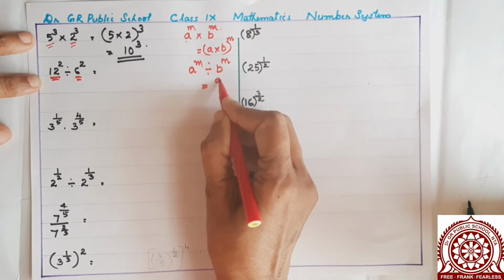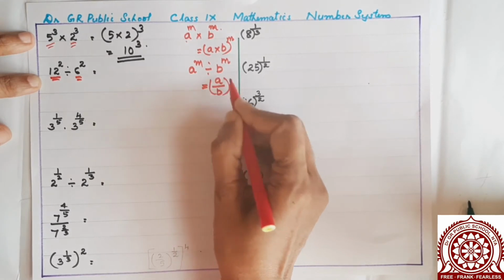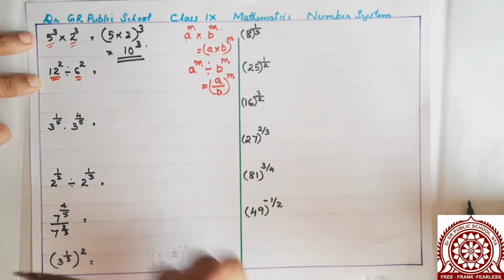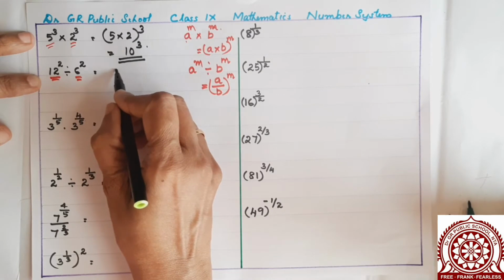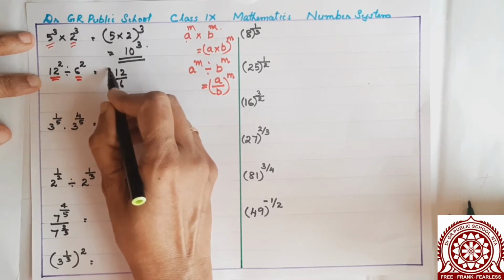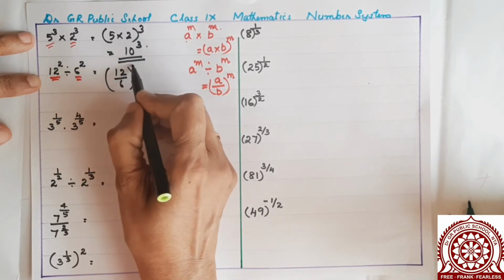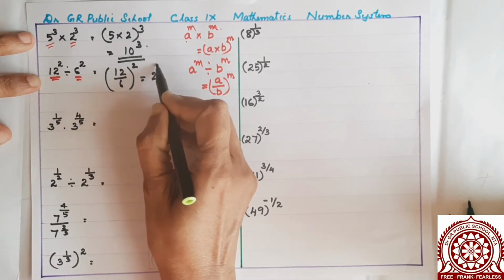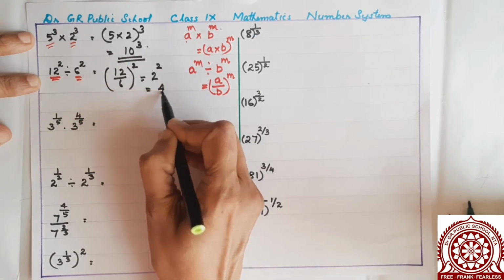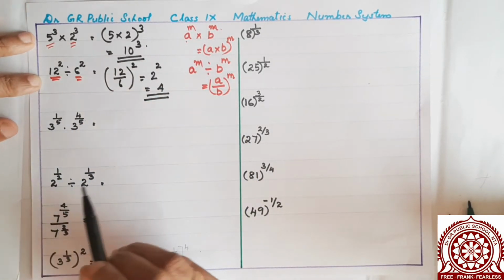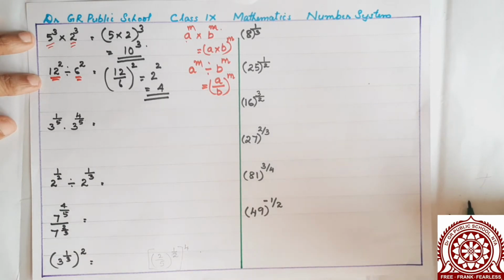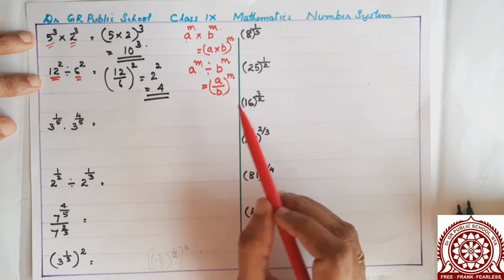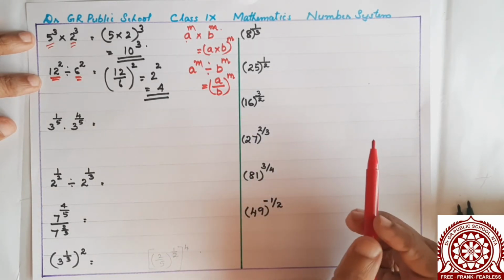It can be written as A by B, the whole raised to M. So here it can be written as 12 divided by 6, the whole raised to power 2. What is 12 by 6? 2. So 2 raised to 2, the answer is 4. Are you understanding, children? So you should know all the laws of exponents thoroughly. Then only you can do this type of problems.